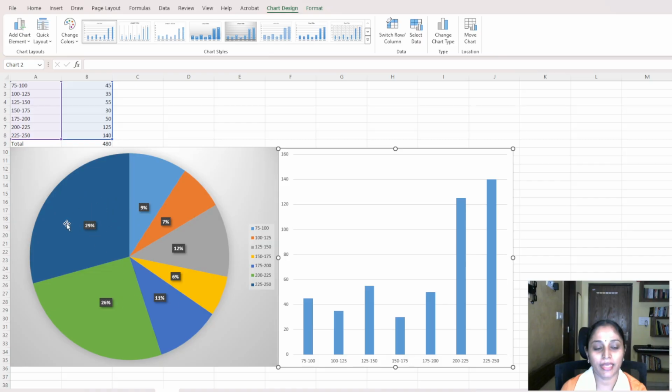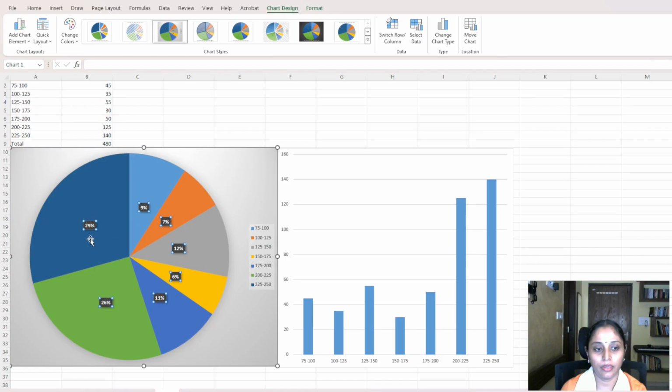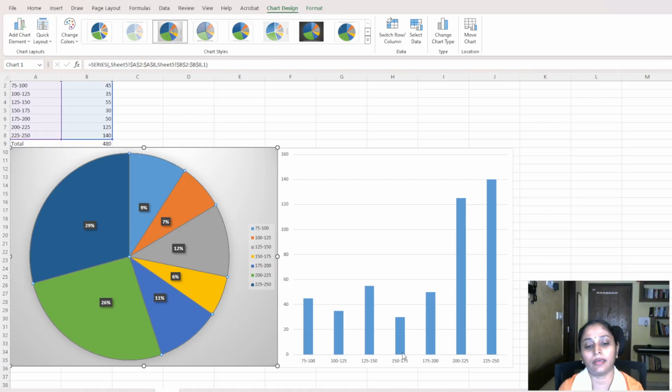In the pie chart, the sector with the maximum chunk is the same, 225 to 250. Then the next part here is green, 200 to 225, same thing here, the next one is this. However, like I said, here the x-axis has a continuity, 75 to 100, 100 to 125 and all.